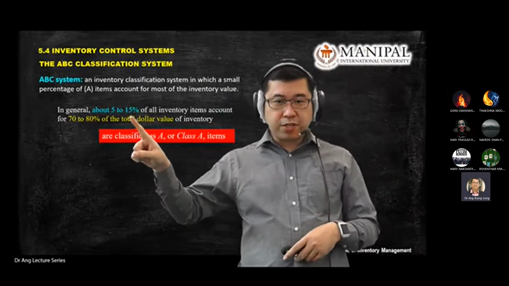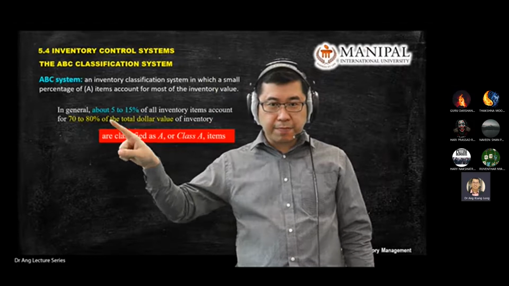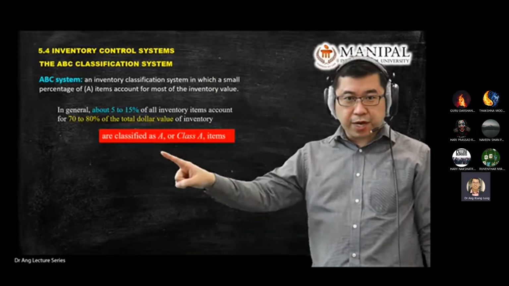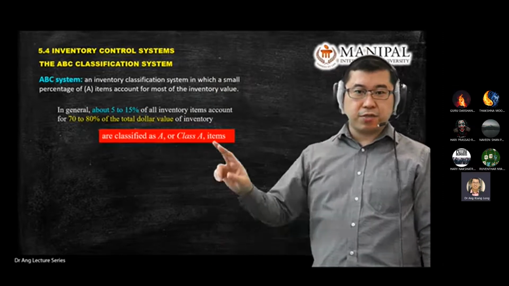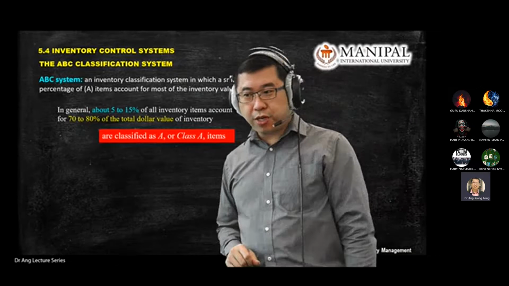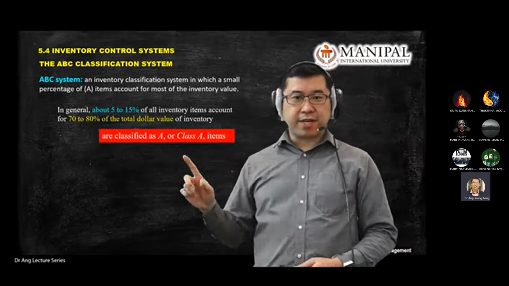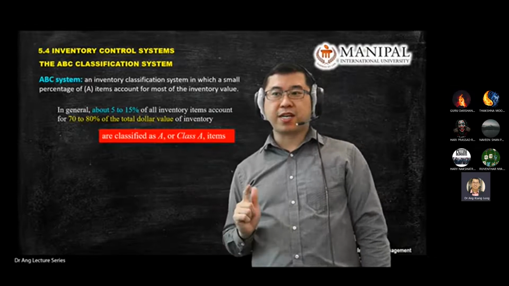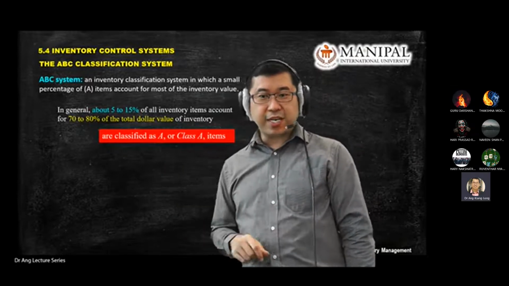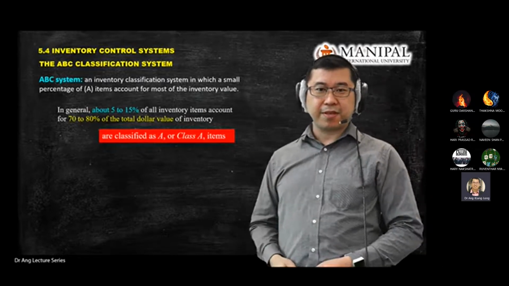So if a small quantity of items contributes 80% of the total dollar value, you fall under class A. By having this statement, class A, usually they are expensive items. Okay, in short, how do you know it's class A? How do you know class B? How do you know class C? Class A, usually they are expensive items.